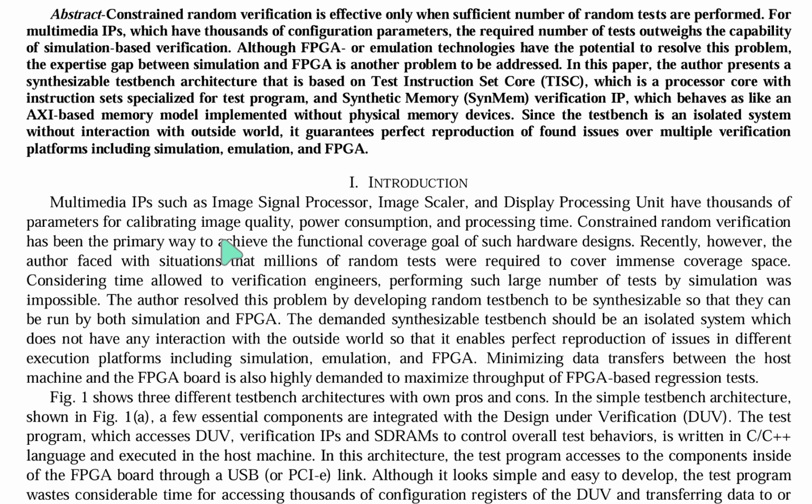Recently, however, the author faced a situation where millions of random tests were required to cover an immense coverage space. Considering the time allowed to verification engineers, performing such a large number of tests by simulation was impossible.